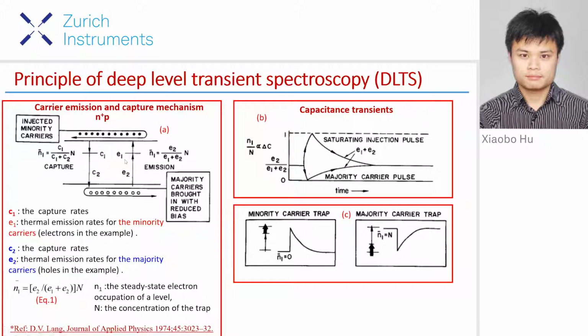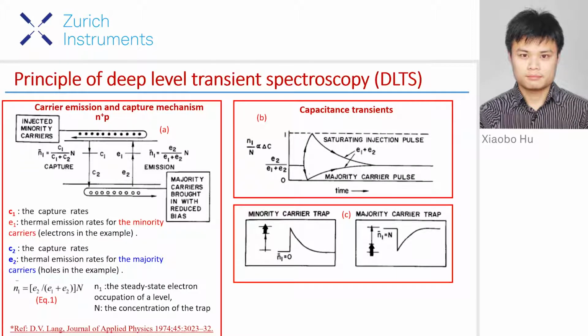Okay, we will describe the situation in a p-type material in an asymmetric N+P diode. Figure A is a schematic summary of the emission and capture processes which characterize a particular trap.